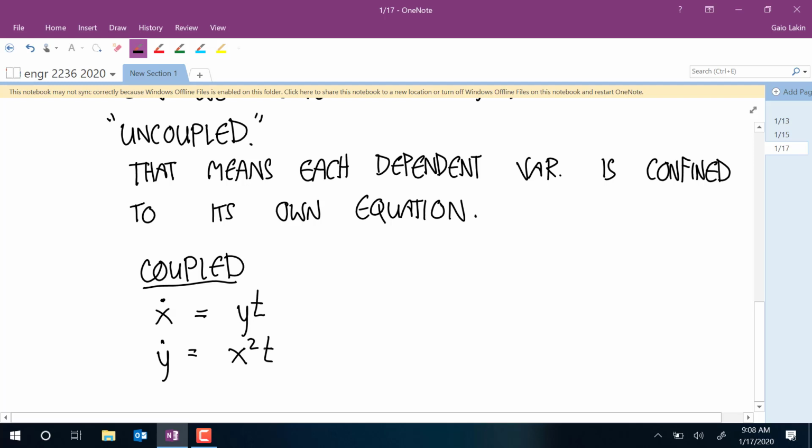You have y's in the x equation and x's in the y equation, so there's nothing we can do. Well, it's actually not super tricky to figure out how to do that. You'll do that in differential equations, and it won't be that hard. But in this class, we're not going to deal with it.